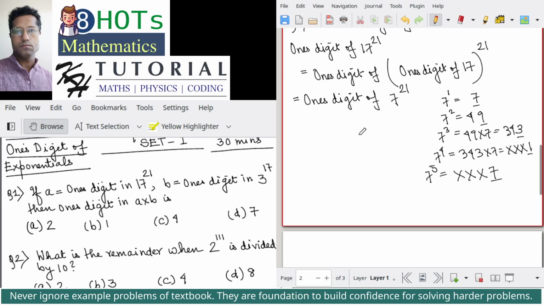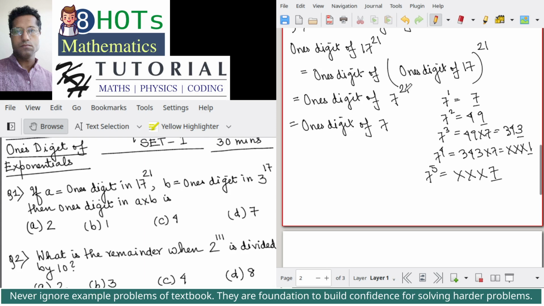So the idea is that the power 21 in 7 to the power 21, we will express as some power which is a multiple of 4.